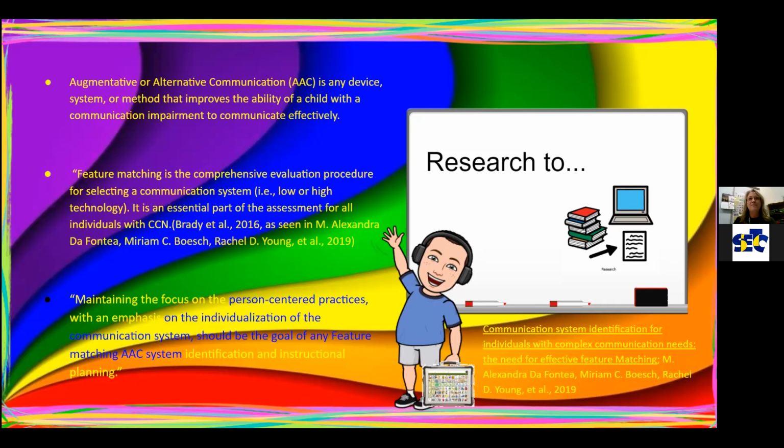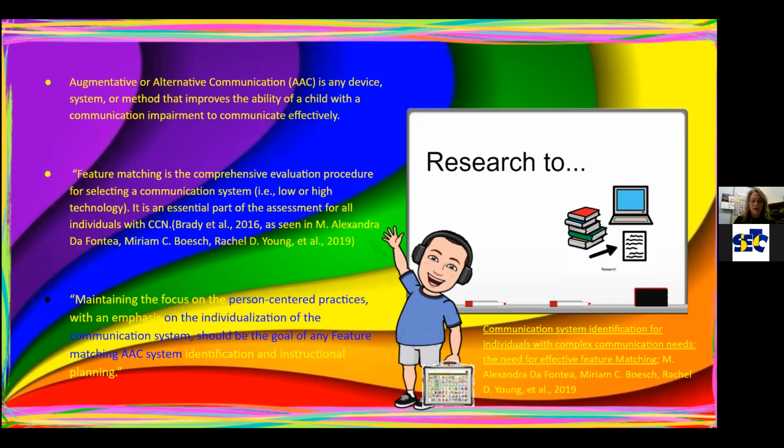Even in my own biases, I definitely have systems that I have a preference for and have worked with more than others. However, I really need to put that on a shelf, and look at my student and say, what are their needs, and let's look at what devices and features are really going to fit with them.